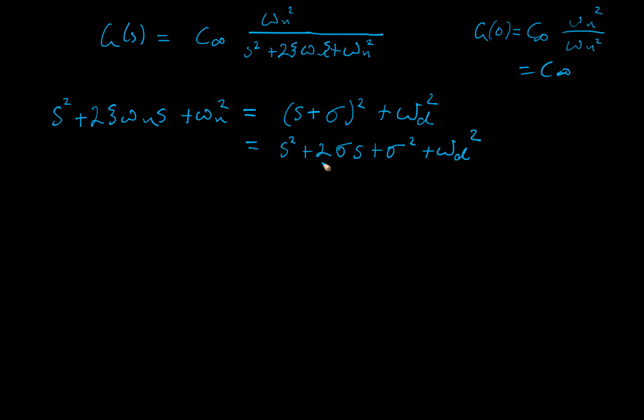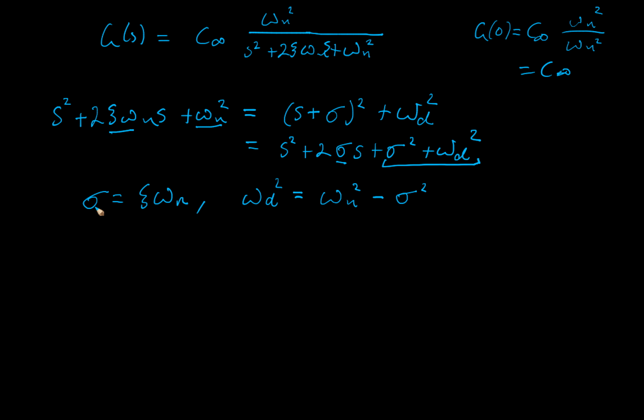And so we can clearly see here, just by matching terms, we have sigma equals zeta times omega n. And by matching the constant term, we have the constant is this combination here, and that should equal omega n squared. So let's rearrange this a little bit, we can write omega d squared equals omega n squared minus sigma squared.